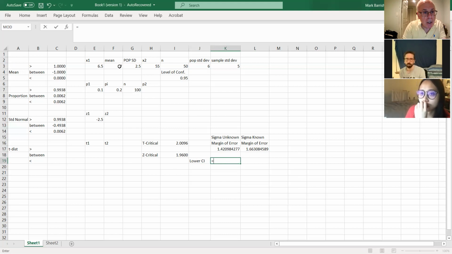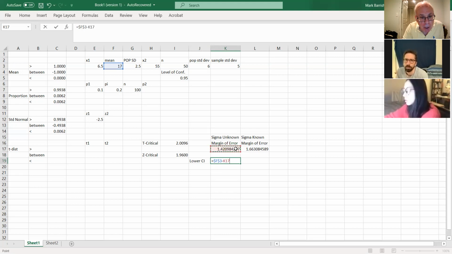The mean minus, now, if the sigma is unknown, we would use this margin of error here, right? So it'd be this number, A17.